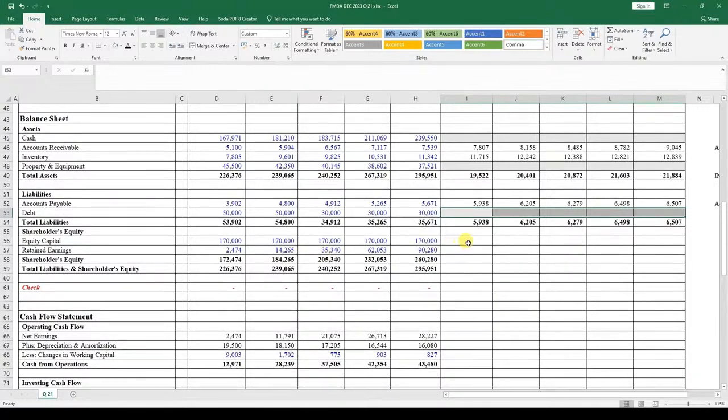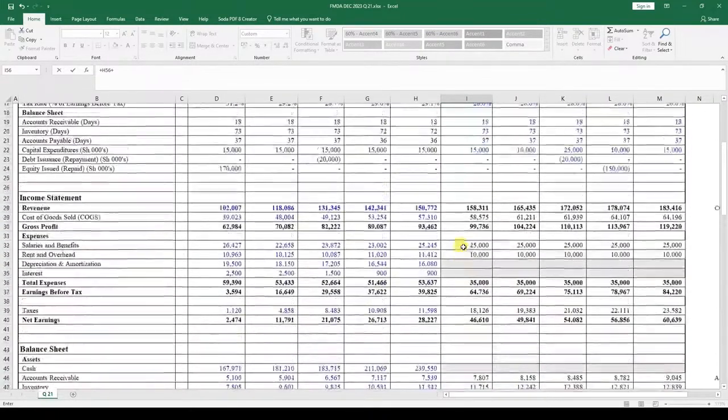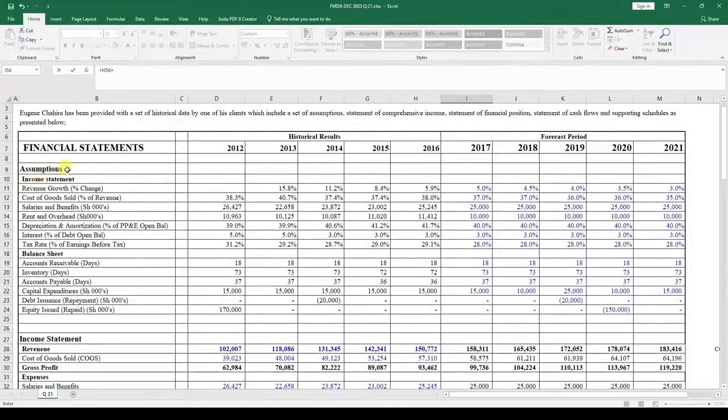In terms of the equity capital, we are going to link it. We drive it from the previous equity capital, then we add any new issuance and repayment of equity. So we come back up to the assumption section. Was there any issuance and repayment of equity from 2017?